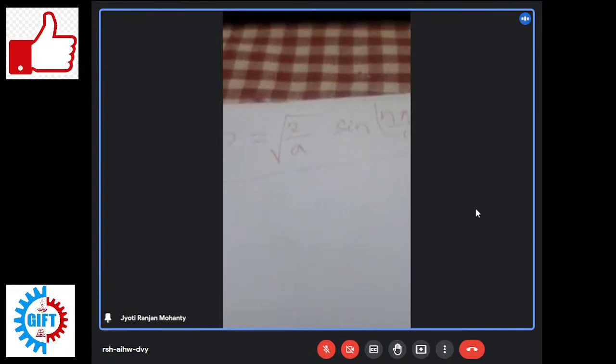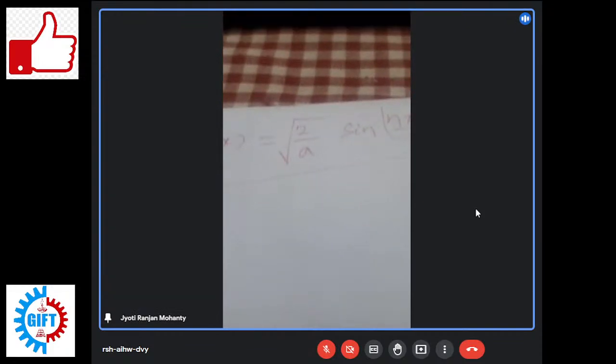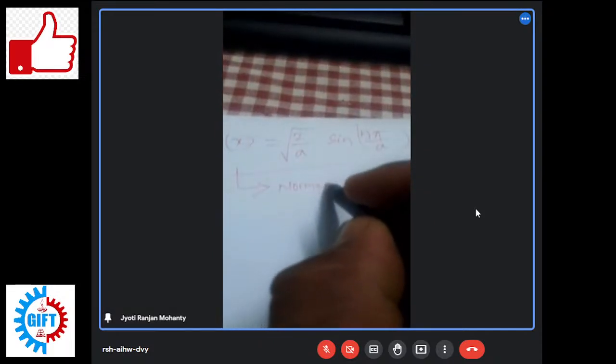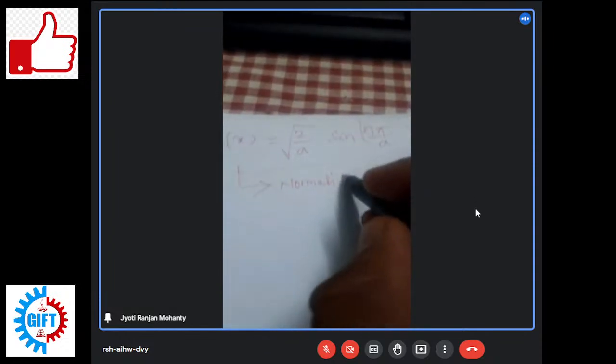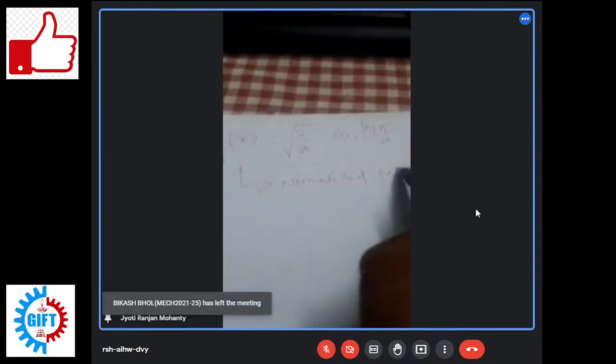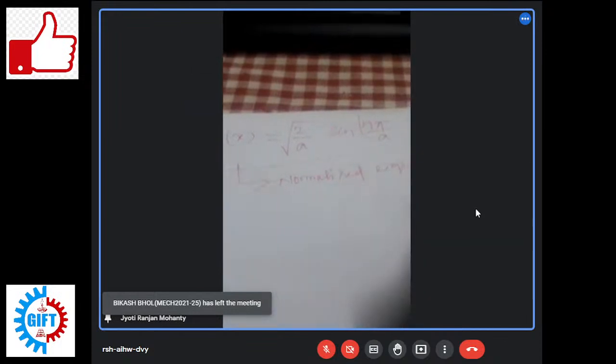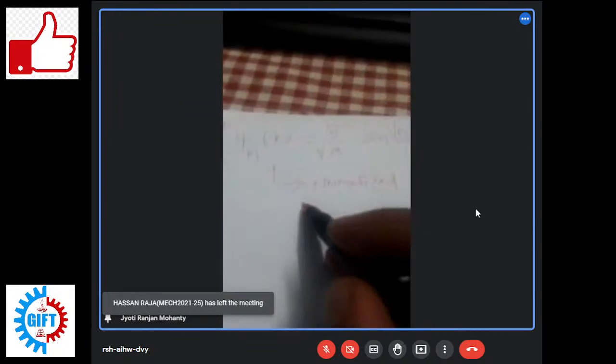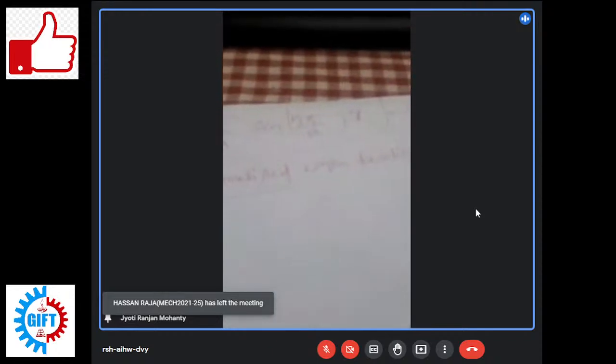So this psi n is called the normalized eigenfunction. Since we have taken the help of the normalization condition, it is known as the normalized eigenfunction.